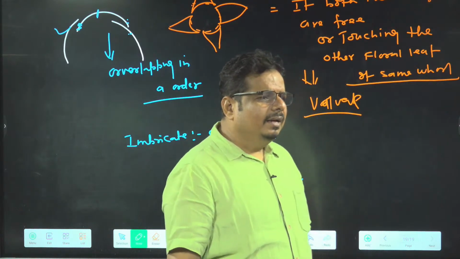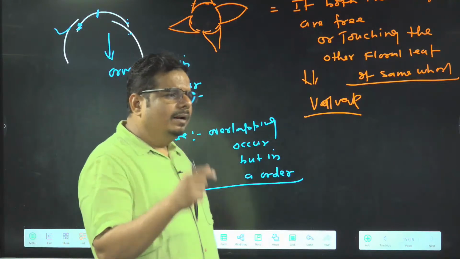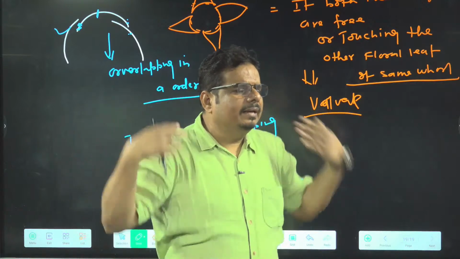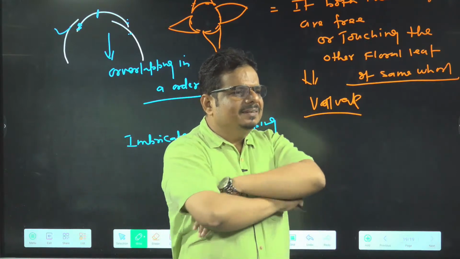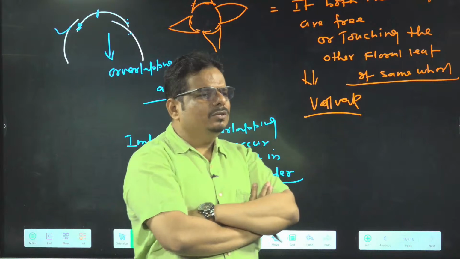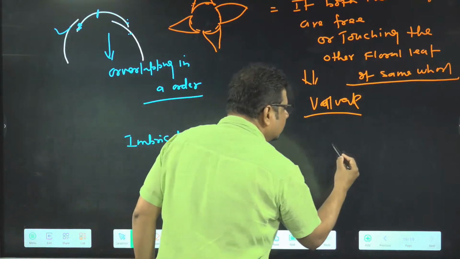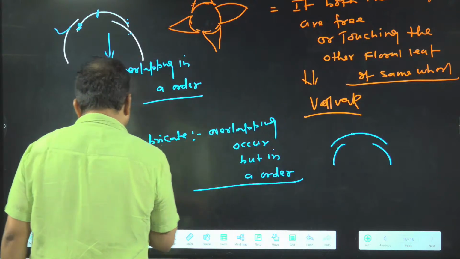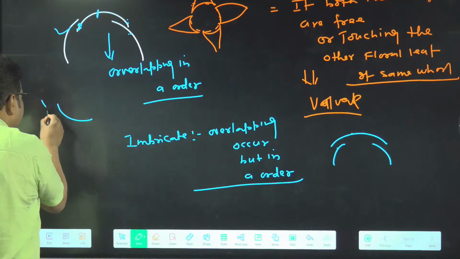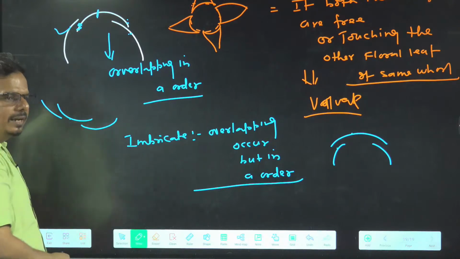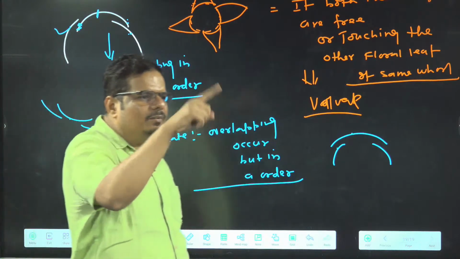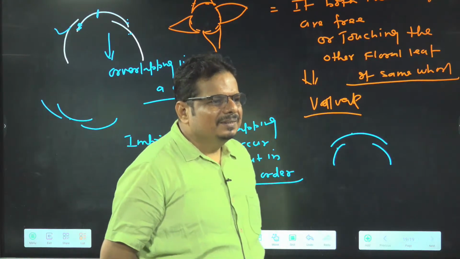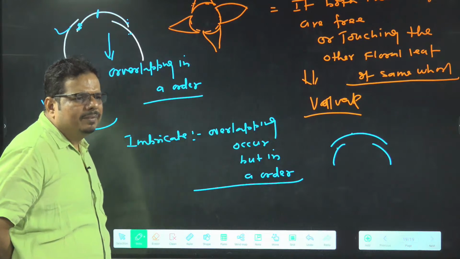In the imbricate diagram, one is totally overlapping the others, another is totally overlapped by the others, and the remaining are twisted. One is like this, totally overlapping the others. One is like this, overlapped from both sides. Are you getting the idea or not? And the remaining are what? Twisted. Is it clear? So no pattern of overlapping we are finding.